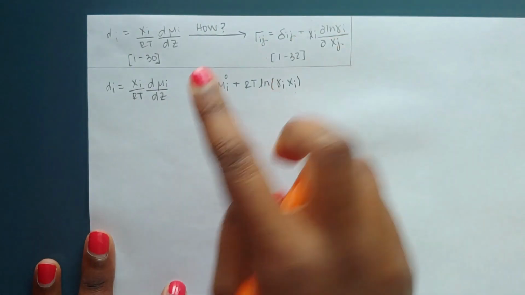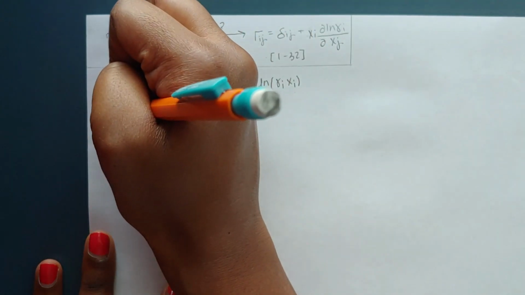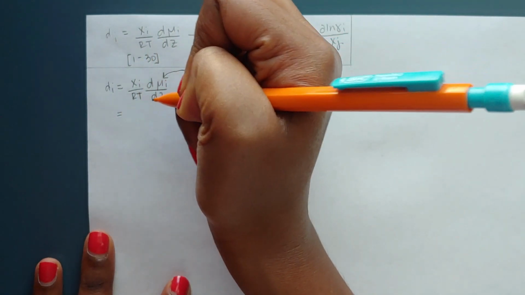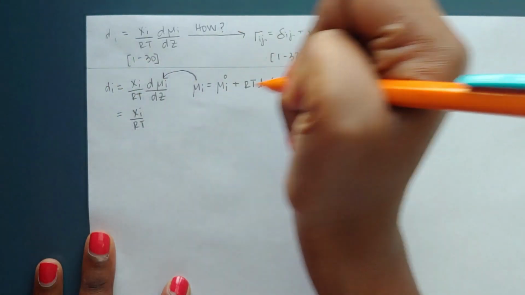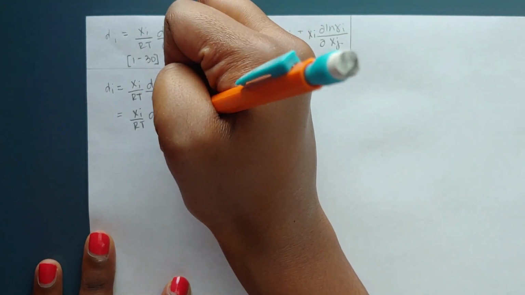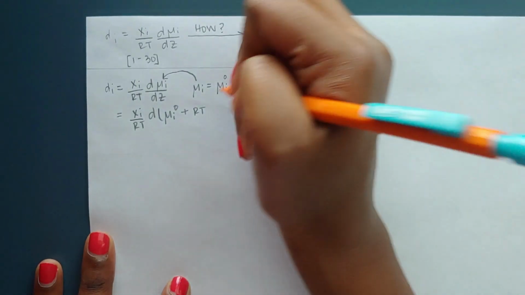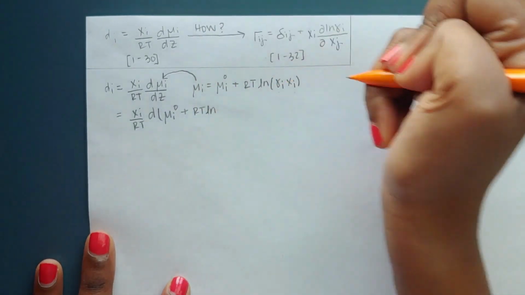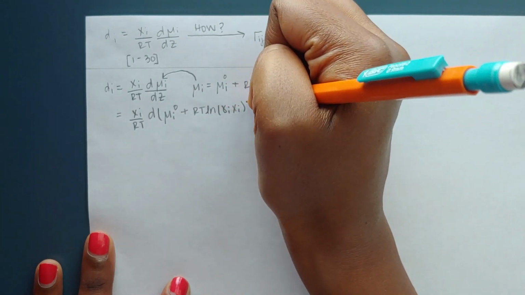So we're going to take this chemical potential equation and plug it in here for our derivative. So it's going to be equal to xi over RT multiplied by the derivative of the standard chemical potential plus RT times the natural log of gamma i times xi.